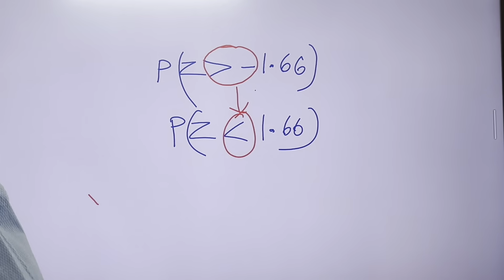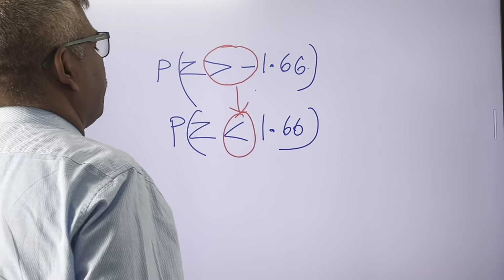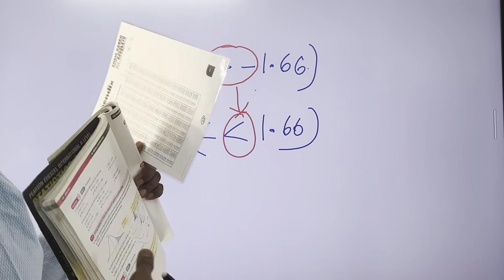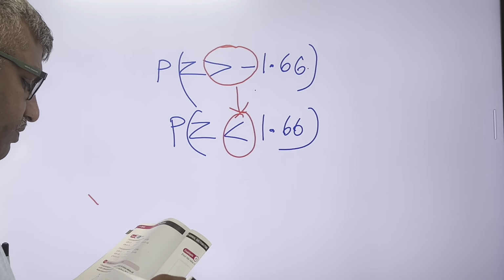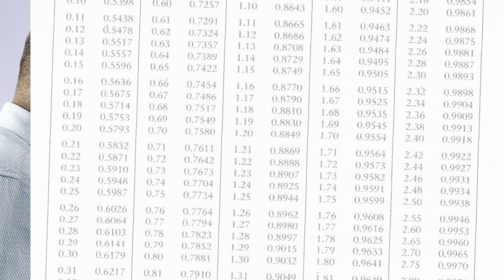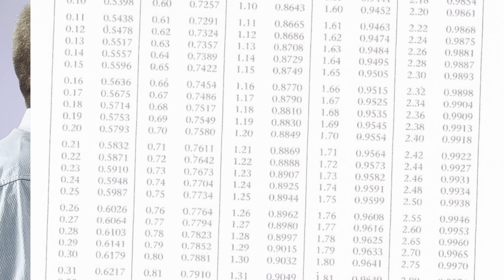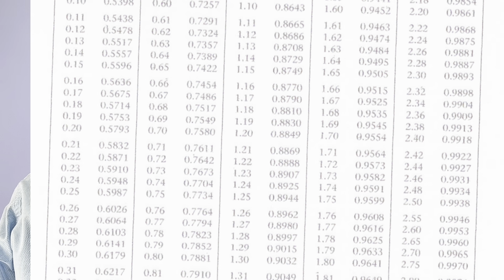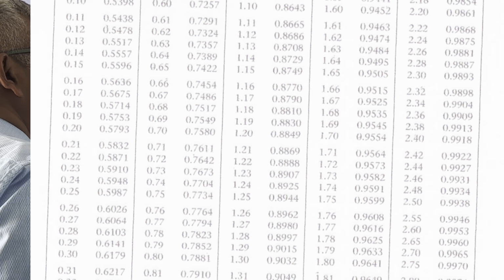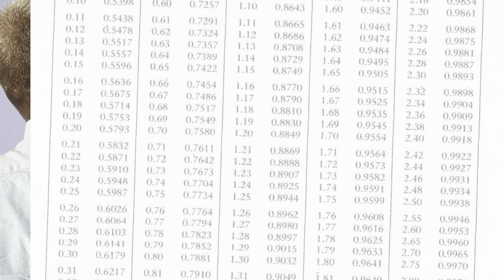So now this is nothing but Z is less than 1.66. Look at Table 1, 1.66: 0.9515. Okay, good. So this is equal to 0.9515.